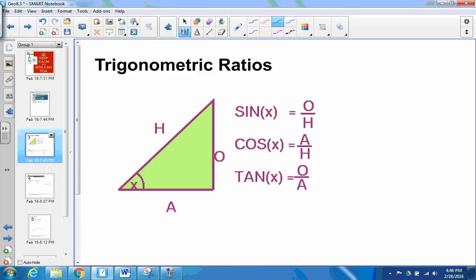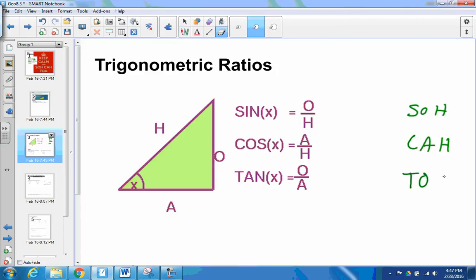But what are trig ratios, and what is this SOHCAHTOA? Chances are you've learned this before. These are trig ratios to help us find missing pieces of triangles.